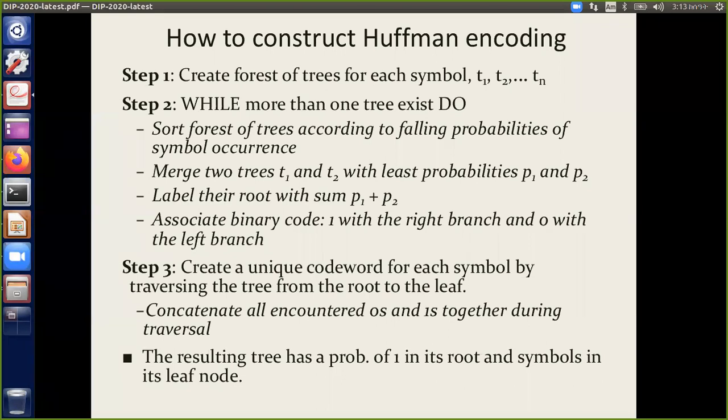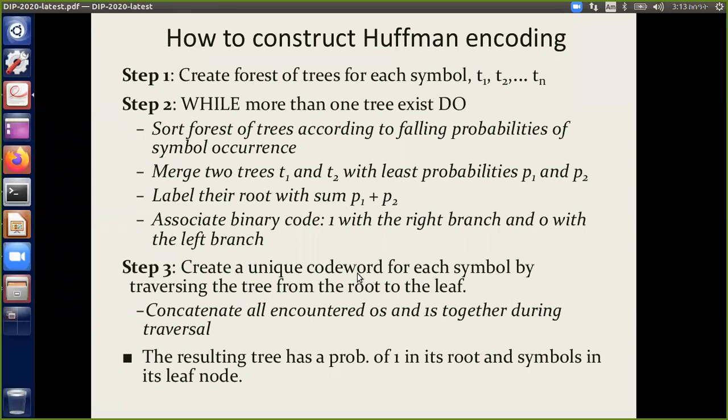Finally, we label the branches with 0 and 1. If the left branch is assigned 0, the right branch should be assigned 1. The while loop exits when the Huffman encoding algorithm reaches only one tree. When the system exits the while loop, we start creating a unique code word for each symbol.